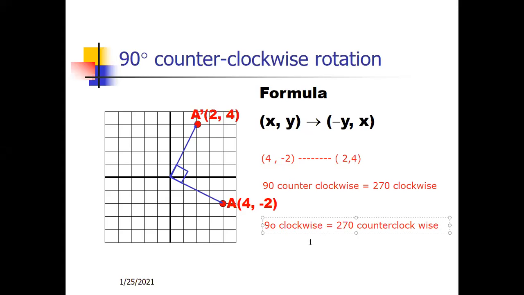In case you want negative 90 degrees, then you would switch and change the sign for the second. Then again, if you want to rotate 90 degrees, you will switch and change the sign for the first. If you want to rotate negative 90 degrees, switch and change the sign for the second.